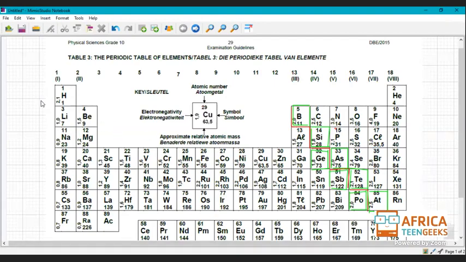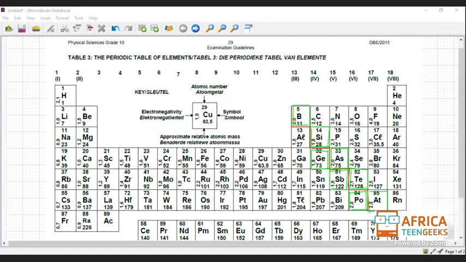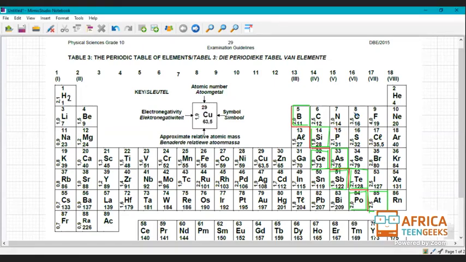Okay, now you'll remember way back in the day, I said to you guys, we have diatomic gases. There are 7 of them. H2, N2, O2, F2, Cl2, Br2, and I2. And when I say that they are diatomic gases, it means that in nature, you always find 2 atoms together, and it is always in a gas.